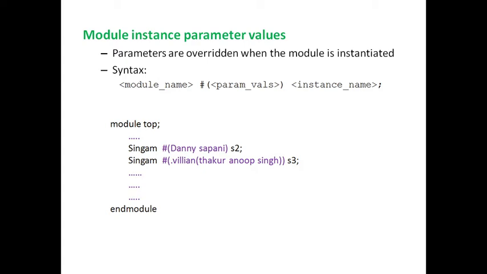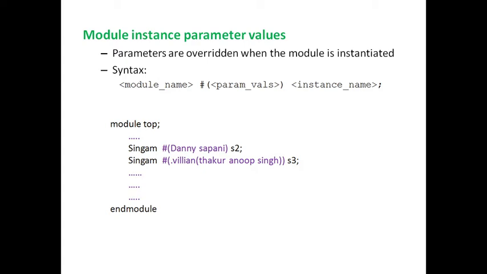That means we are not separately using the defparam keyword and changing the parameter values. Whenever I do the instantiation, at that time itself my parameter values are passed to my module instances. That means the new values are passed to my module instances.